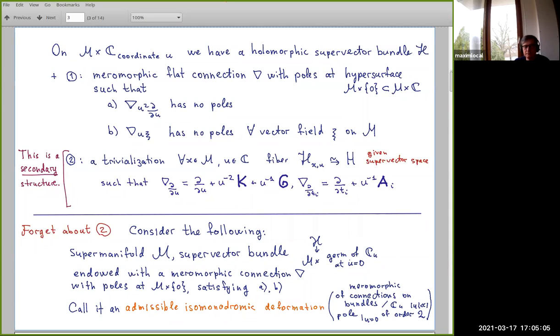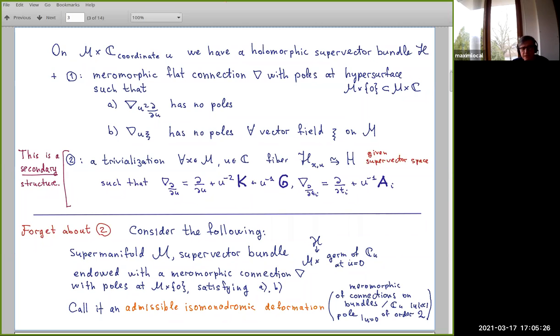Then we have a holomorphic supervector bundle, which in fact was a trivialized vector bundle, but let's temporarily forget it. So I get a holomorphic vector bundle, and it carries a meromorphic flat connection. And this connection has a pole on the hypersurface when the variable u is equal to 0. So it will be a copy of my manifold M.